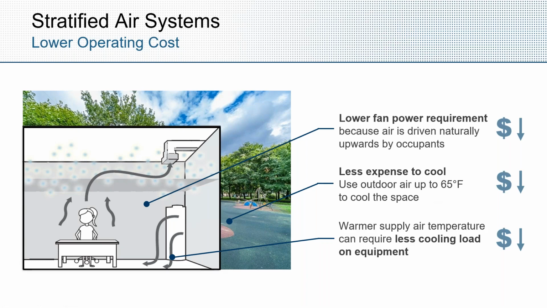Usually we're supplying around 63 to 68 degrees on average to cool the space. That gives you around a 10-degree bump of opportunity throughout the year to free cool the space, which of course means more fresh air, 100% fresh air, leading to a lot of indoor air quality benefits as it relates to occupant wellness and learning environments if you're looking at an education application.